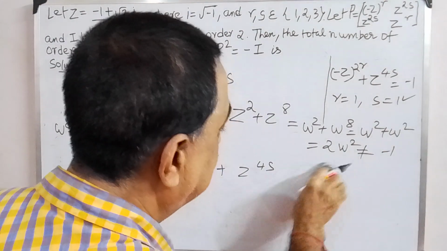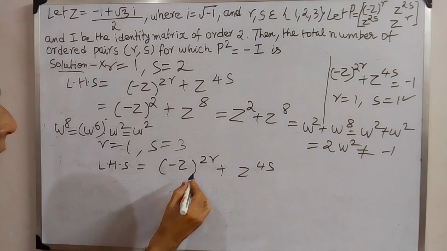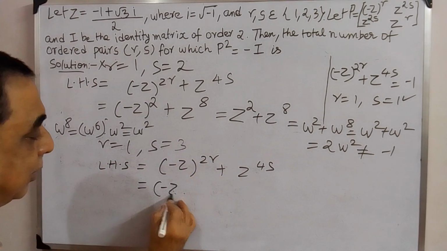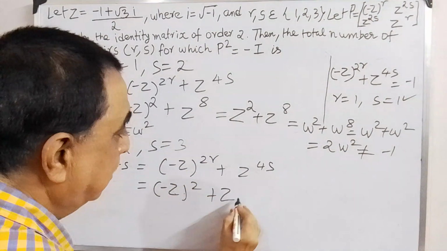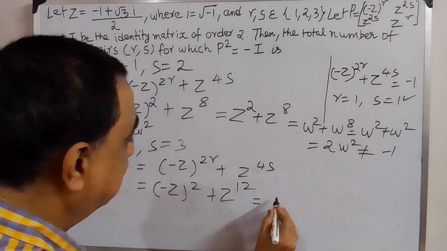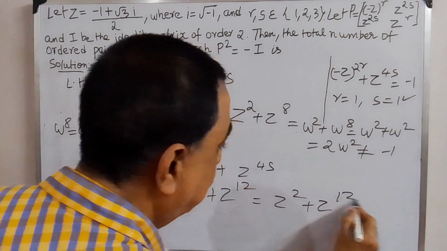Now put the values: r equals 1, so this will become minus z to the power 2, and s value 3, 4 times 3 is 12, so this becomes z squared and z to the power 12.